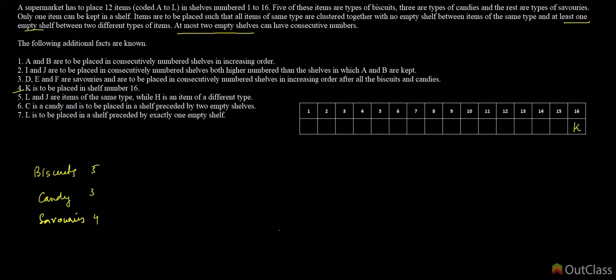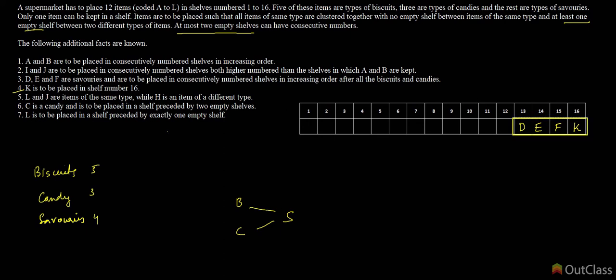So savories happen after biscuits and candies, but we don't know whether biscuit is before candies or vice versa. But savory is the last category, and D, E, F are three of the four savories in increasing order. And so the last one, K, is also a savory. This is one block that we have.